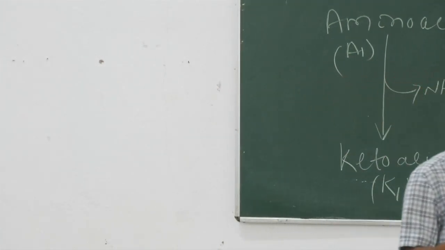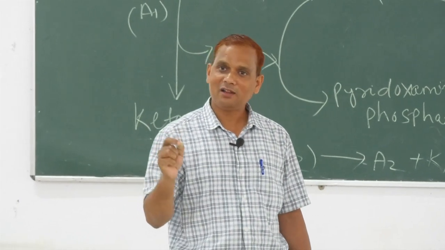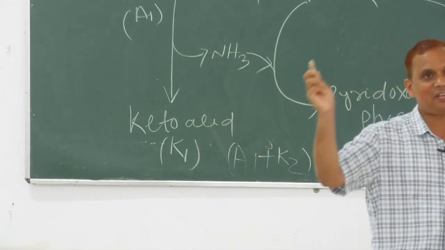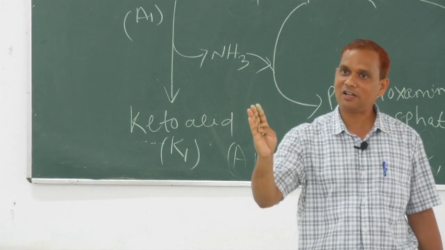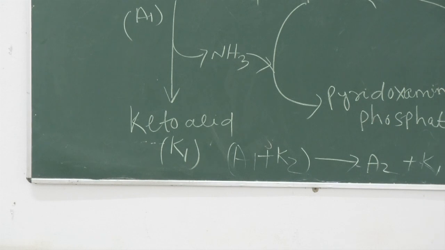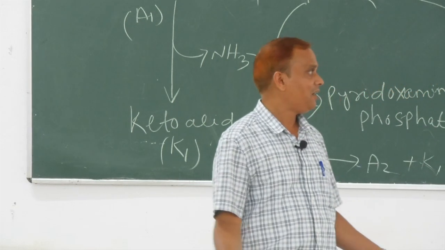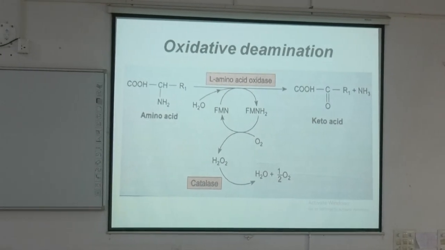H2O2, hydrogen peroxide, is it good or bad? It is bad. So it should be degraded. It will be degraded by which enzyme? By catalase enzyme, it will be degraded to water, from toxic form to non-toxic form. Okay.